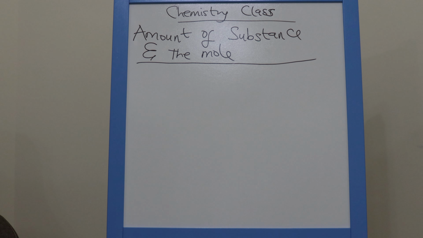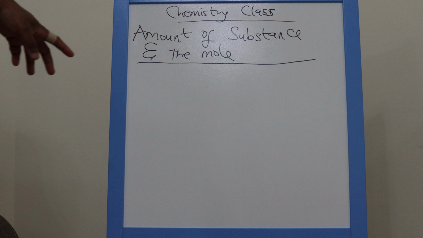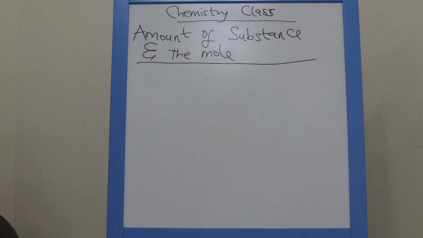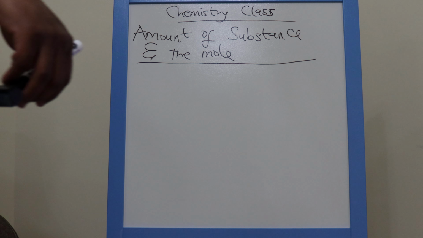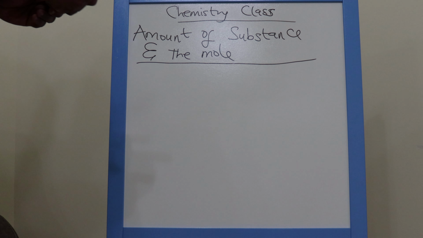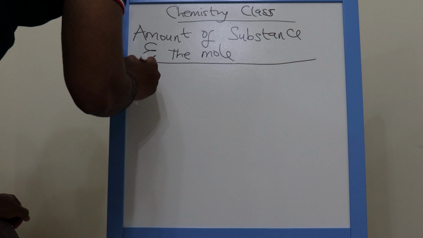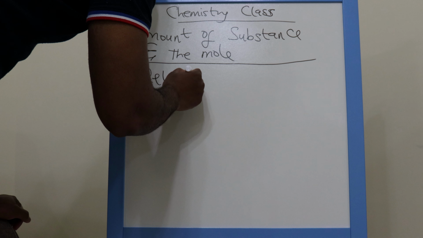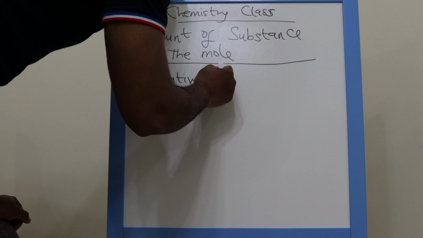There are so many topics in the syllabus for junior high school across the world, and this is one of the most important topics. It is one of the basics of chemistry that we need to know in terms of the chemistry course. First of all, we are taking an aspect, relative atomic mass.